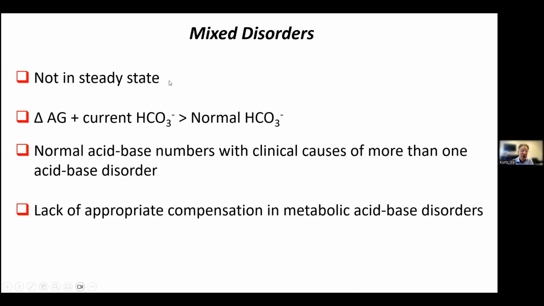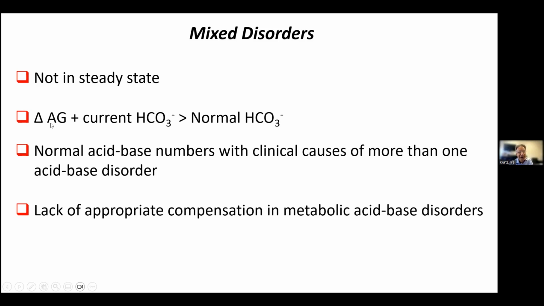Another clue that you have a mixed acid-base disorder is when you take the change in the anion gap and you add it to the current bicarbonate. Remember, people talk about the delta-delta gap, and there are so many assumptions in that, but it's done to answer one question: what is the previous bicarbonate concentration? If the world was perfect and the volume of distribution of the protons and the organic anions and the excretion of these things was equal from the body, then you would expect that the change in the anion gap should equal the fall in the bicarbonate.